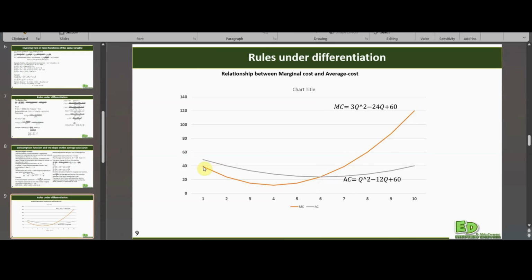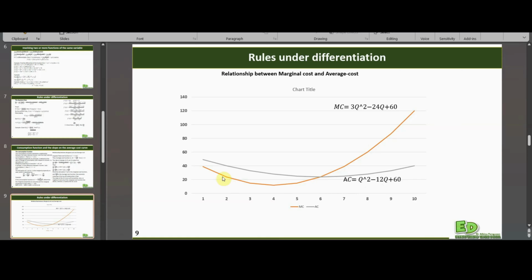So this is the marginal cost curve, and we can see that initially it decreases, and when it gets to the minimum point, it increases at a faster rate, or sharply. The minimum point occurs where the derivative of the marginal cost function with respect to quantity is equal to 0.